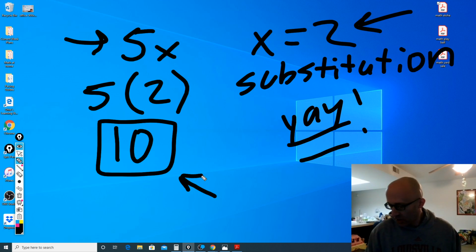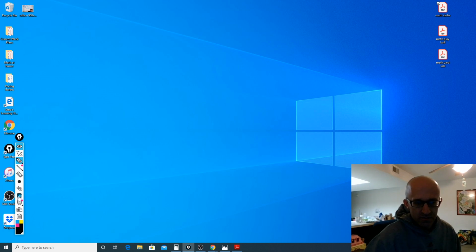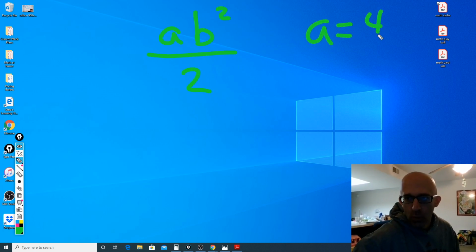So when someone asks you to evaluate the expression 5x when x equals 2, you know that your answer is 10. I know that in our classes, the struggle came when it was something along the lines of AB squared over 2 if A equaled 4 and B equaled 3.